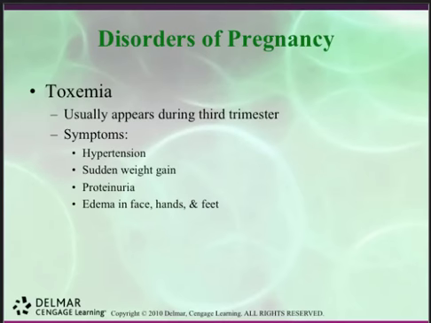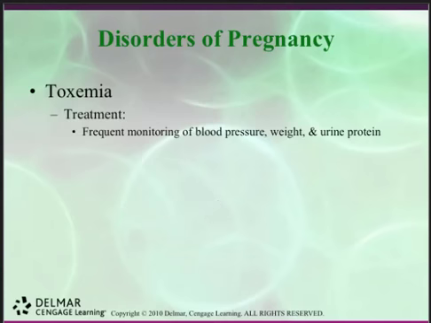Toxemia usually appears during the third trimester. The symptoms include hypertension, sudden weight gain, proteinuria, that's protein in the urine, and edema in the face, hands, and feet. Treatment of toxemia is the frequent monitoring of blood pressure, weight, and urine proteins to avoid a buildup of toxic components in the blood.